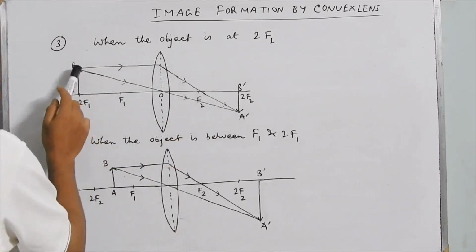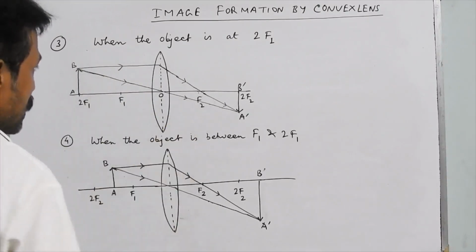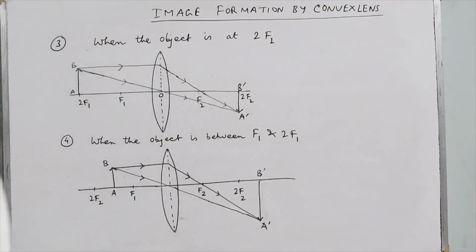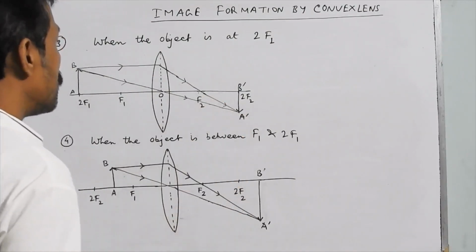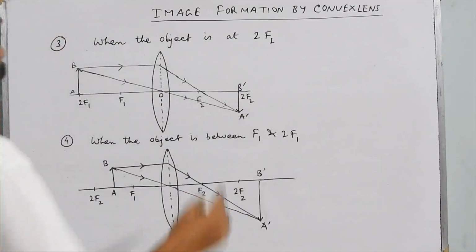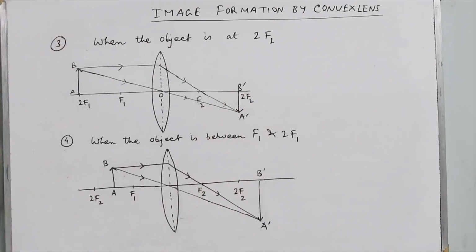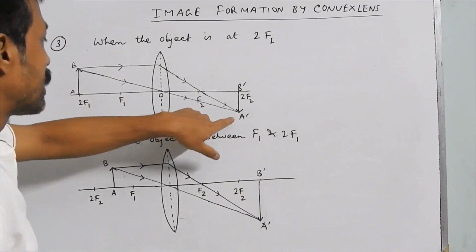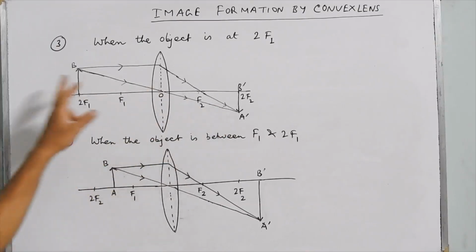Another ray passing through the optical center will pass undeviated, and these two rays will meet at the center of curvature of the lens on the other side, that means at 2f2. So if the object is placed at 2f1, we will get an image at 2f2, and the image is the same size as the object.